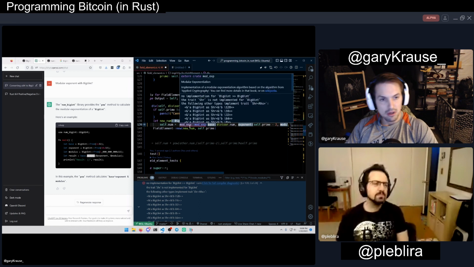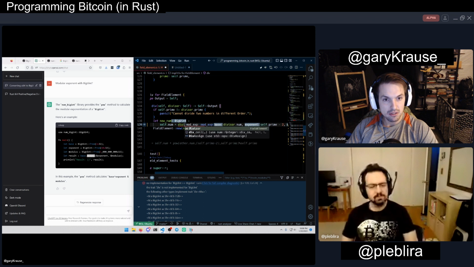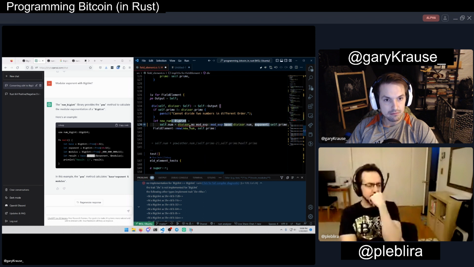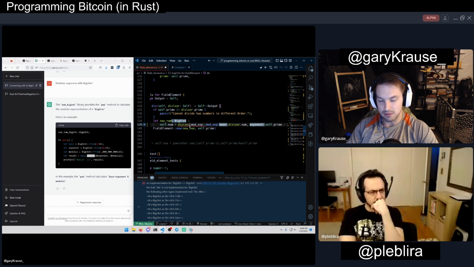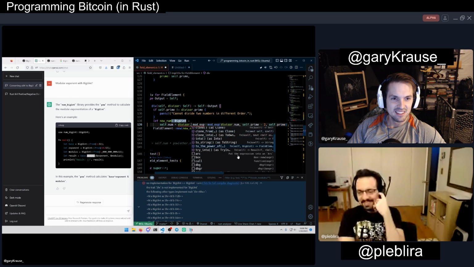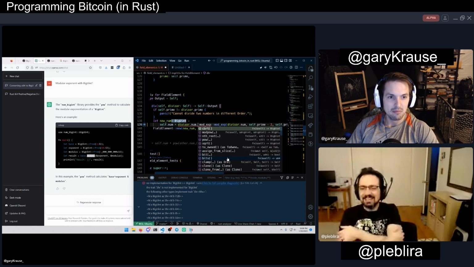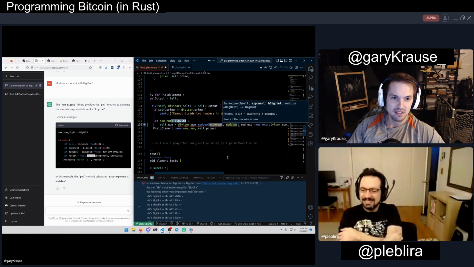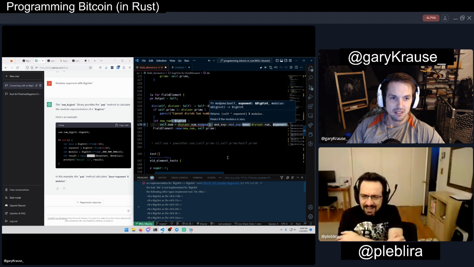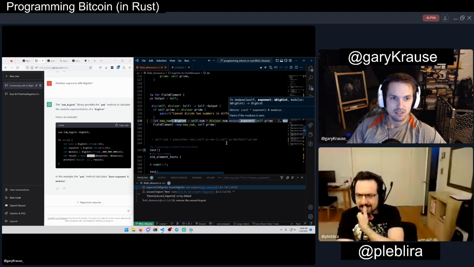But that's going to be divisor... Yeah, it's not a real function, ChatGPT 3. Oh, wait. num.modpow. Okay, it is. All right, we're good. There we go. And so the exponent is this.